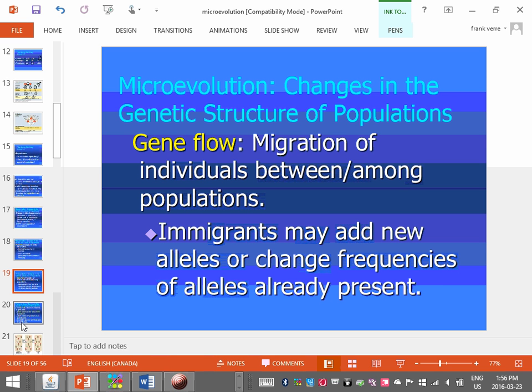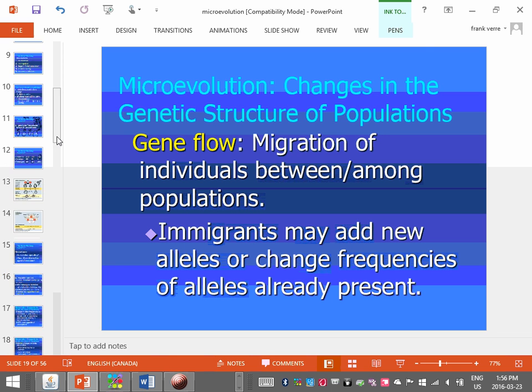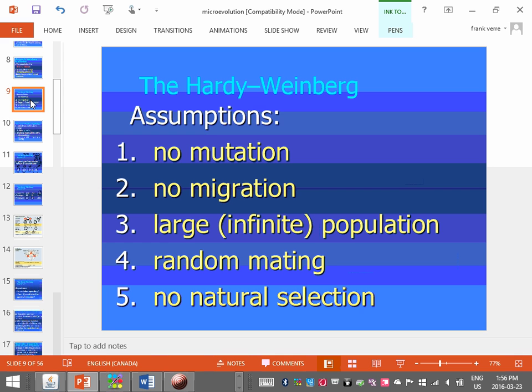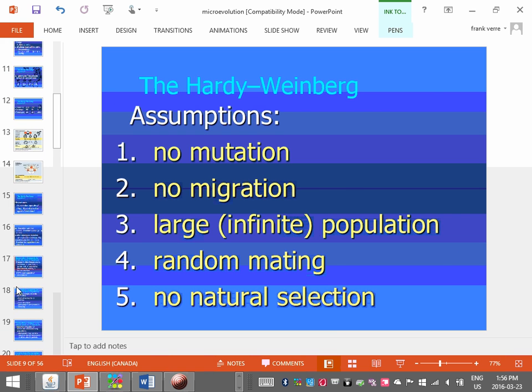Increase it, right? So when populations move, it changes allele frequencies. So that's one thing that we have to remember. One of the assumptions of the Hardy-Weinberg was what? No migration. What's the opposite of no migration? Migration. Gene flow. That's called gene flow.